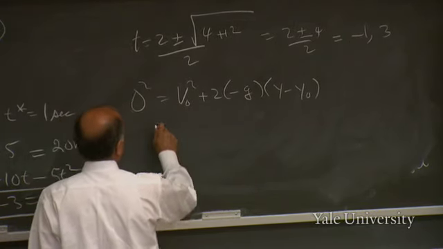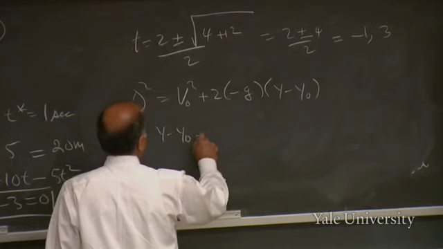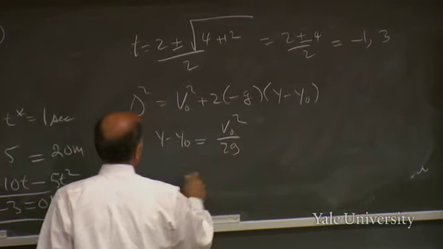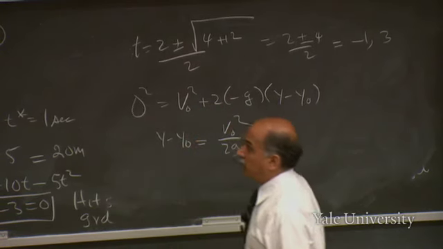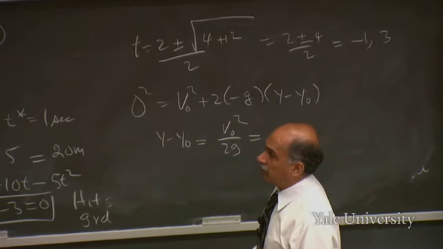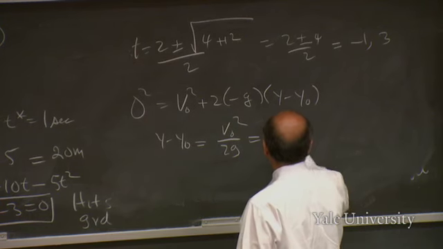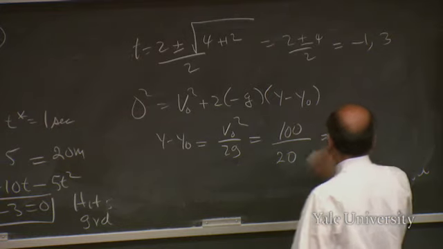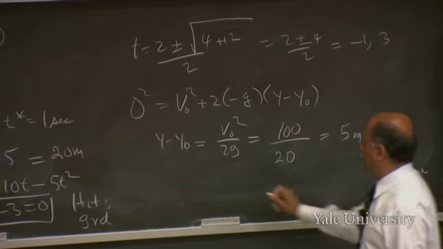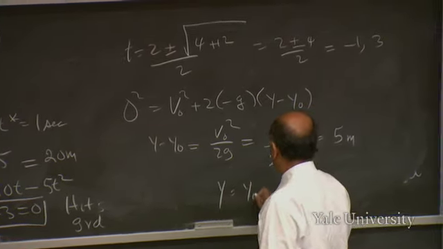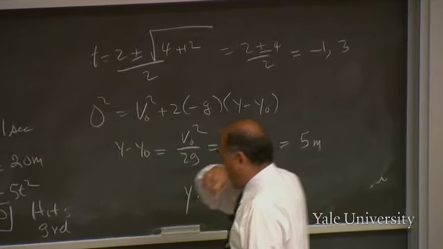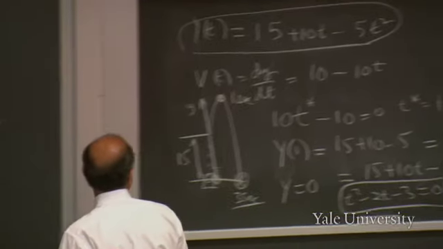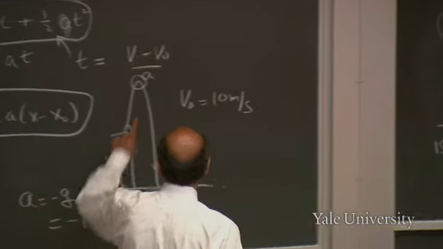If you solve for that, you find y minus y0 equals v0 squared over 2g. And if you put in the v0 I gave you, which was 10, that's 100 over 20, which is 5 meters. So y equals y0 plus 5 meters, and that is the height to which it rises. I think we got it somewhere else. We found the maximum height to be 20 meters.